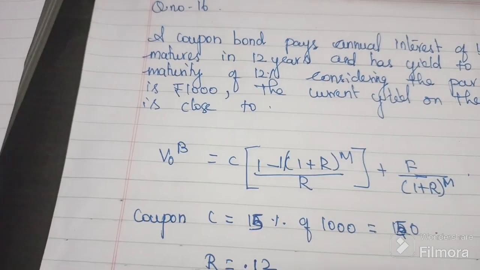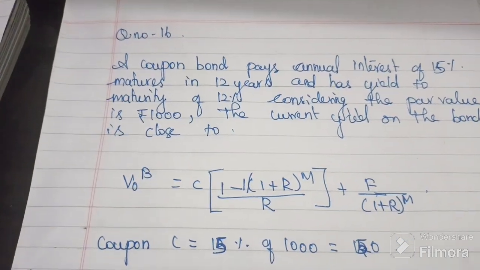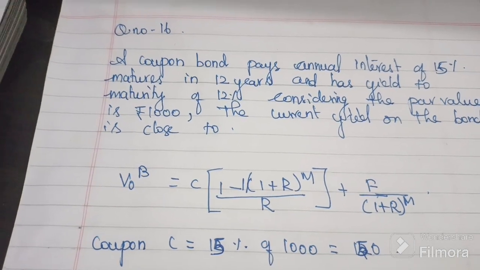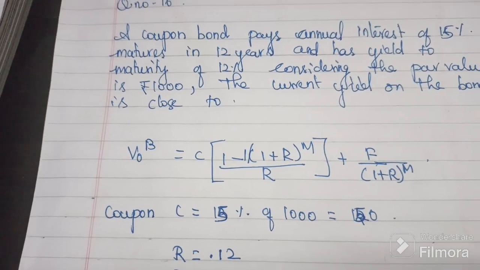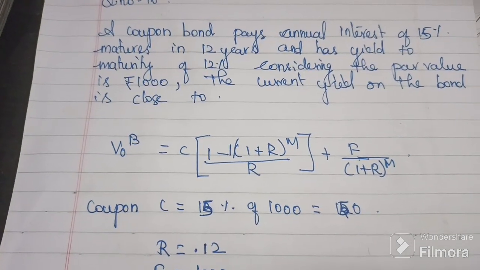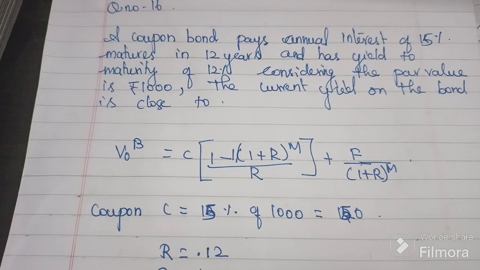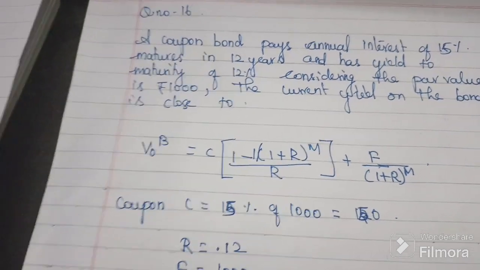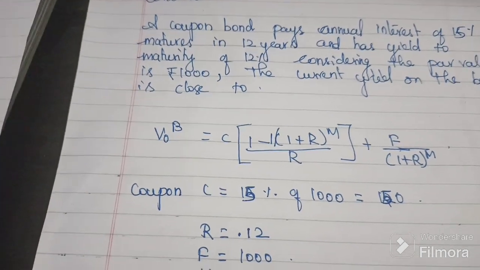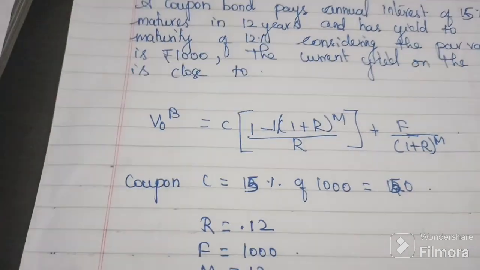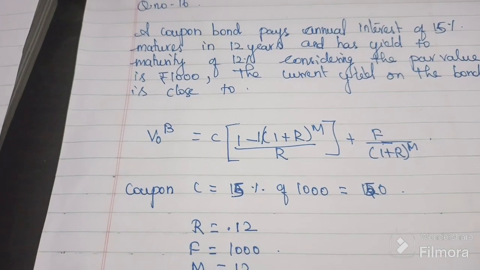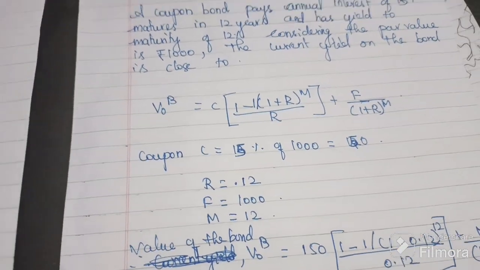Now the coupon C is 15% of the face value of the bond. The par value is 1,000, so the coupon is 150. R is the yield to maturity they have given, 12%, so it is 0.12, the face value is 1,000, and the maturity is 12 years.